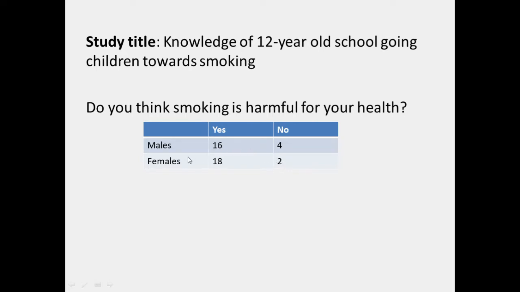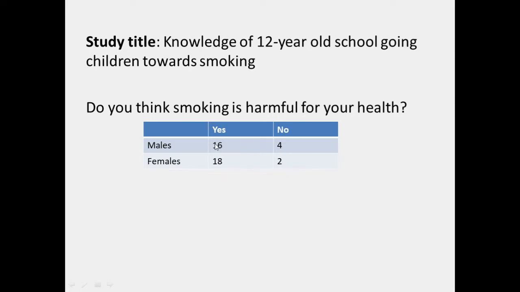As I told you, chi-square test is used only for qualitative data, for example gender. Among these 12-year-old school going children, I want to know whether there is any difference in this smoking knowledge among males or females. Okay, male children or female children. In that case I have to use chi-square test. How will you come to know? In this question you would have given the options as yes or no. Here you can see there were 20 males and 20 females, right? 16 plus 4 and 18 plus 2.